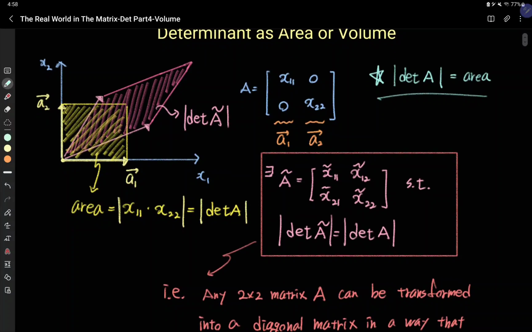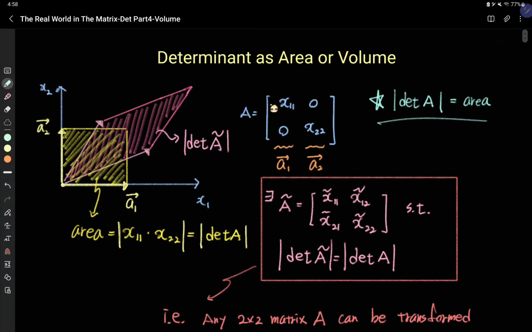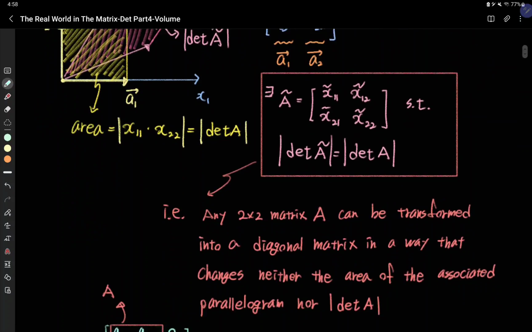How can you find the diagonal matrix such that the determinant of A is equal to the determinant of A tilde? We just do reduced row echelon form, right? When you apply the reduced row echelon form, you can find that this can be transformed. So it's not a big deal.